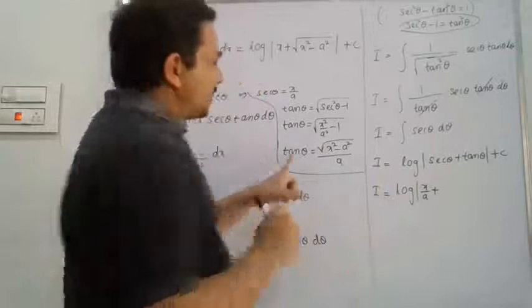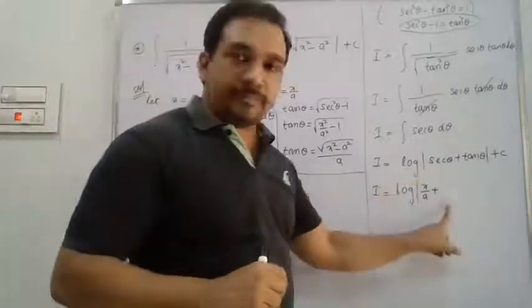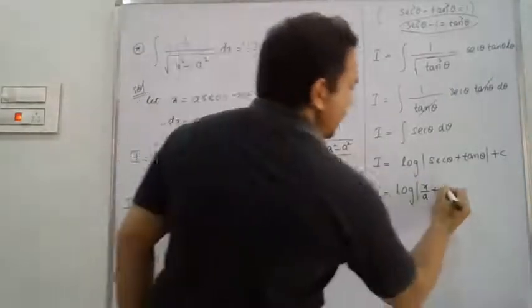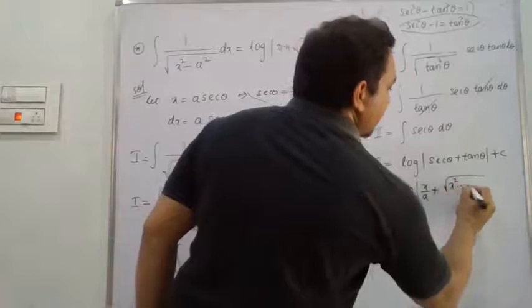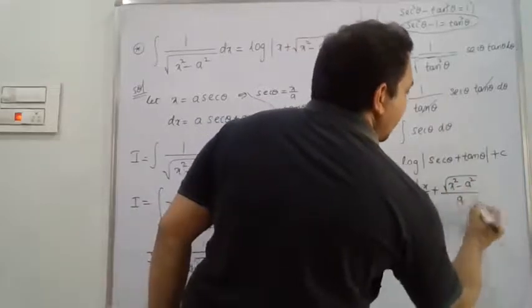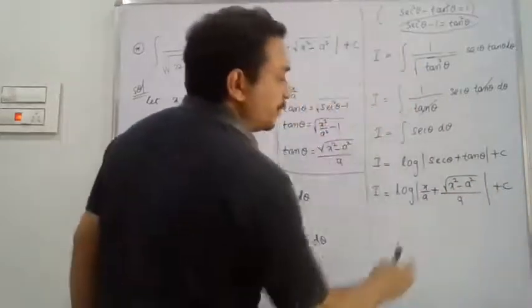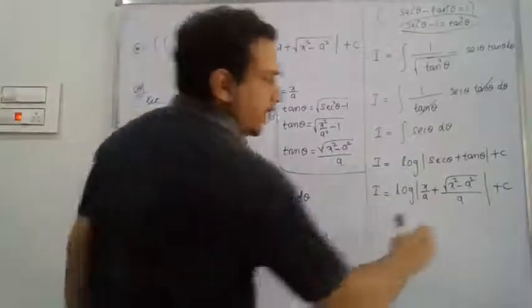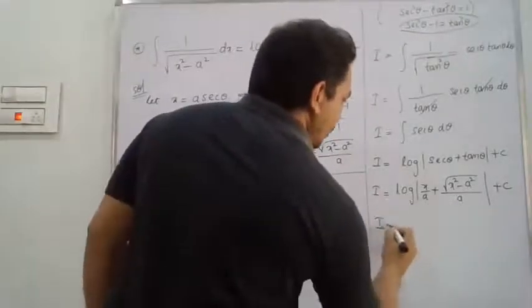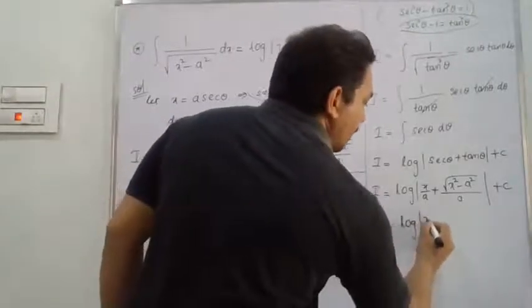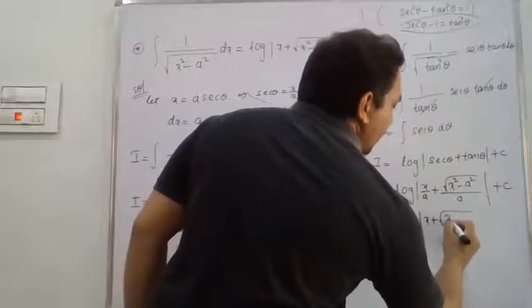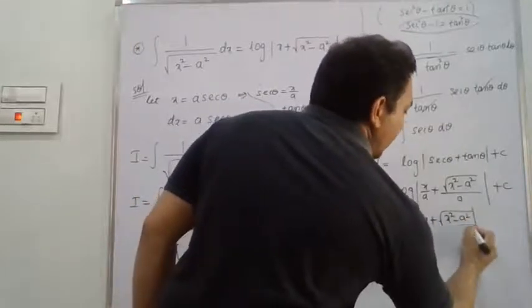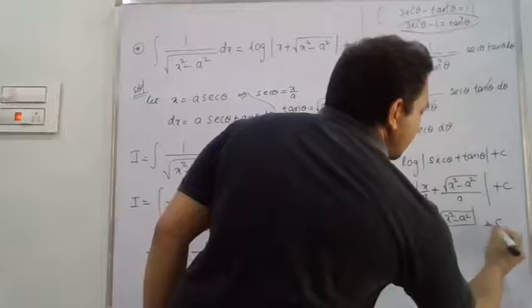So I'll substitute this tan theta value here. Whatever we got here, we'll write there: square root of x square minus a square by a, plus constant. Since for these two the denominator is a only, you can take the LCM. So I is equal to log of mod x plus square root of x square minus a square, by a, plus constant.